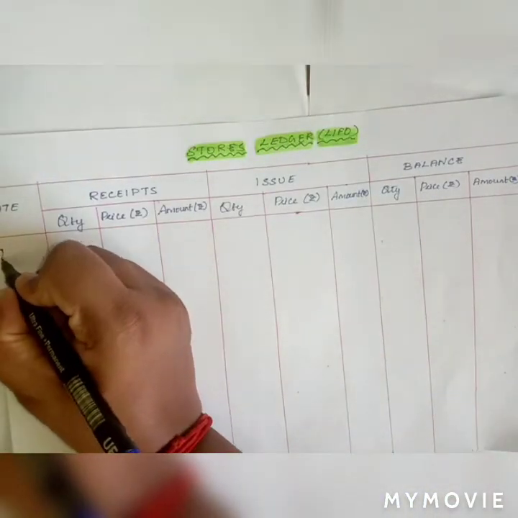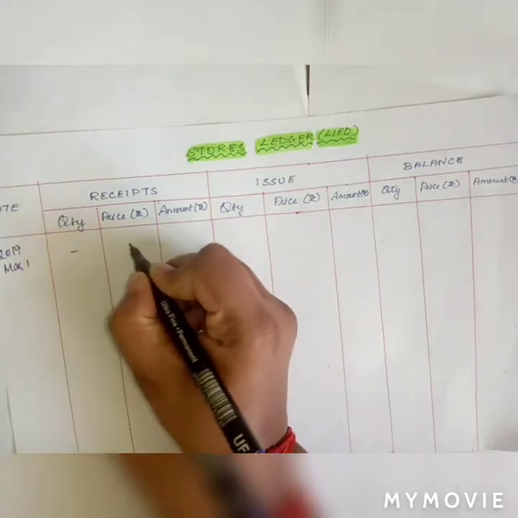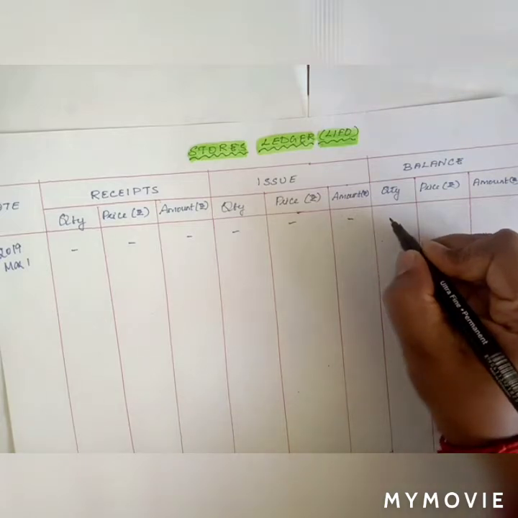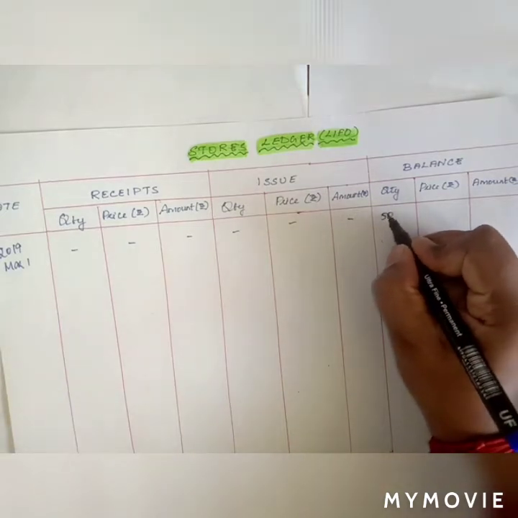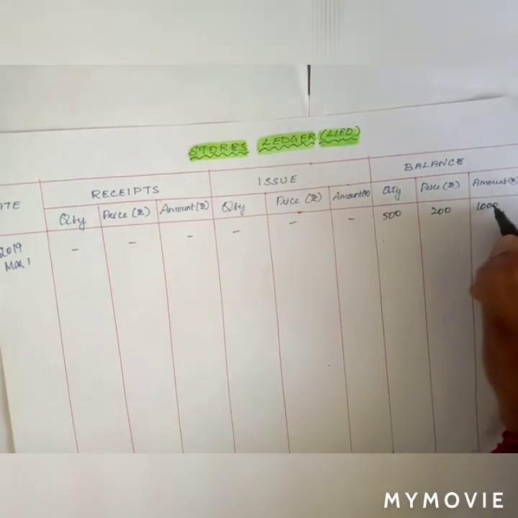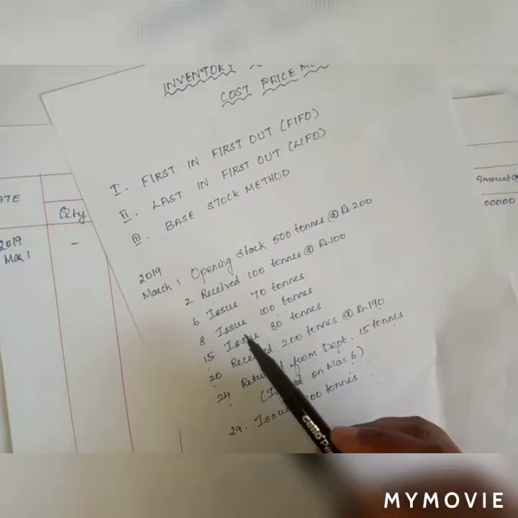So on 2019 March 1st, in the balance column you have to write 500 tons of 200 rupees each, which is 1 lakh. And we'll come to the next date.